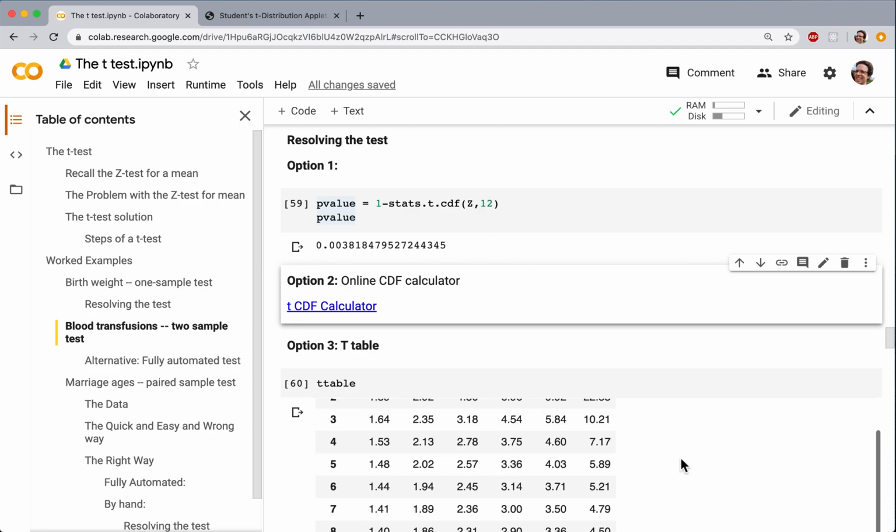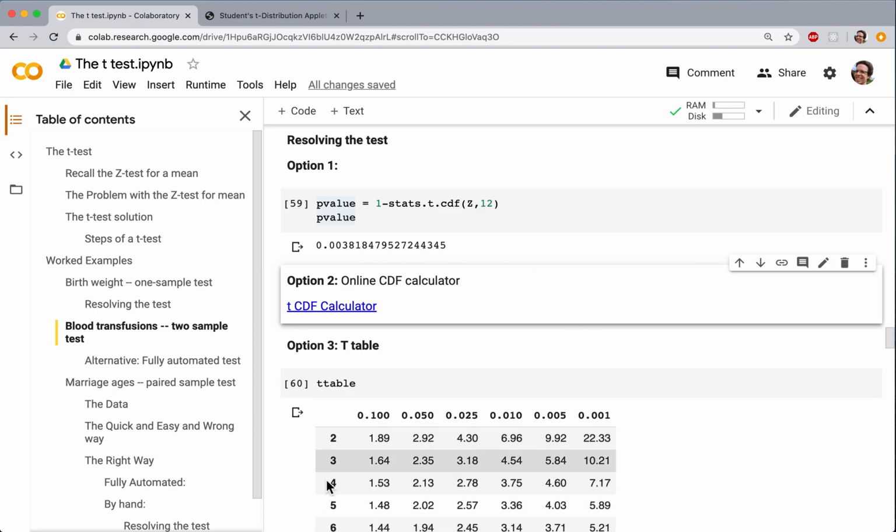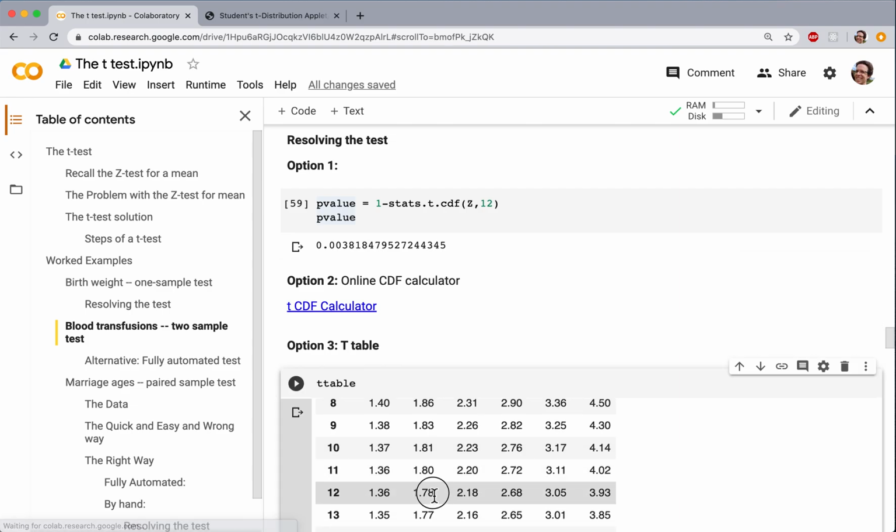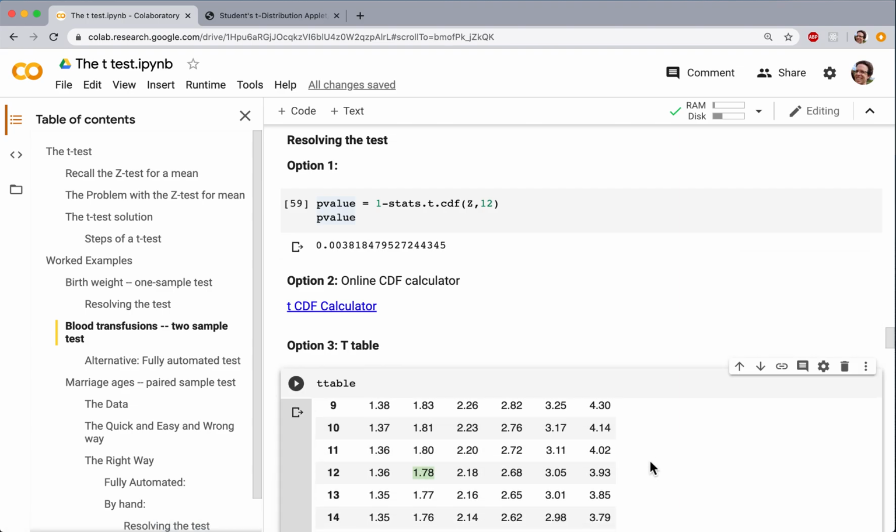With 12 degrees of freedom, we would look up 12 on the left-hand side of this table. With an alpha of 0.05, we would use this column. So we would look up until we got here, 1.78. That would be the critical value. So what does that mean? That's not the p-value. That's the critical value. The test statistic must beat that value in order for us to get statistical significance.